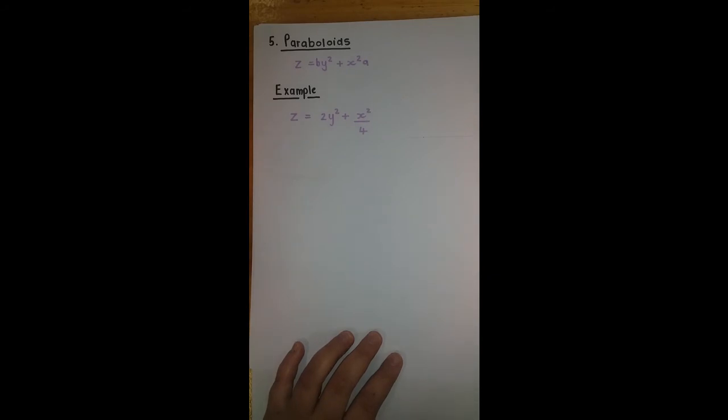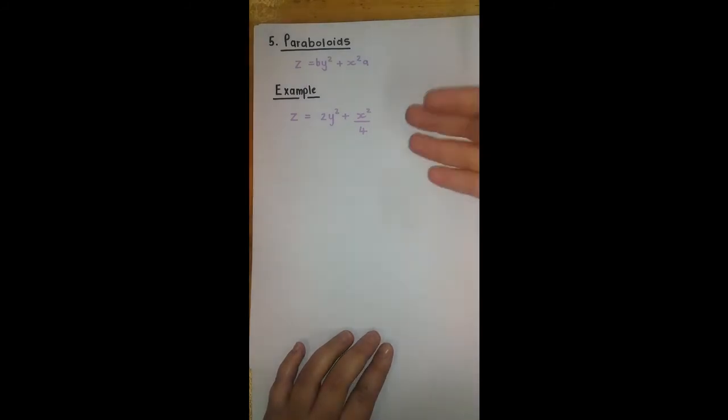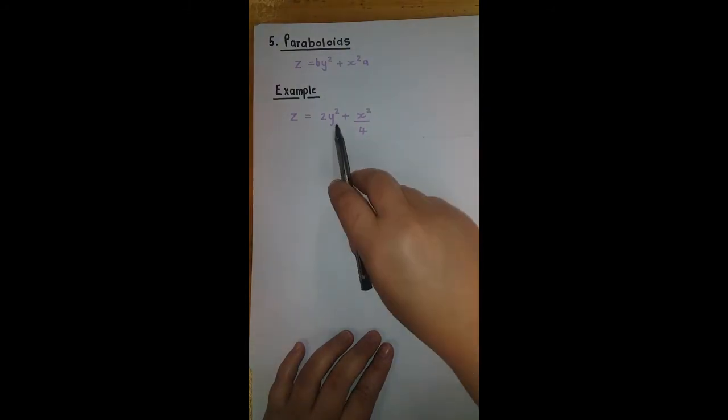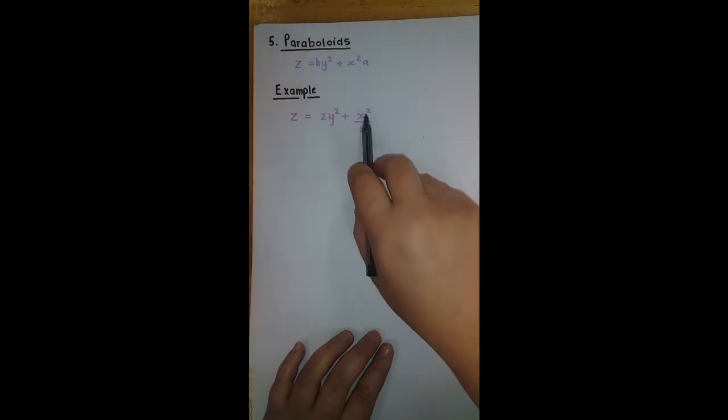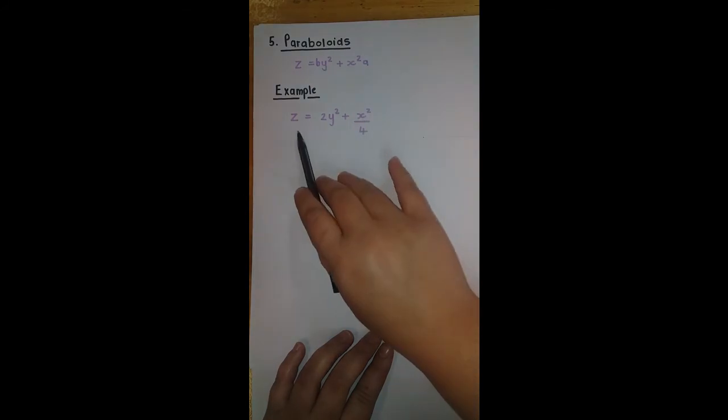For paraboloids and cones, you'll see that you can't say x and y are equal to 0 when you want to see the intercept of z. To get an idea of what the surface looks like, you can't just equate all of them to 0, because for instance, if you say y and x are equal to 0, you'll find that z is equal to 0.